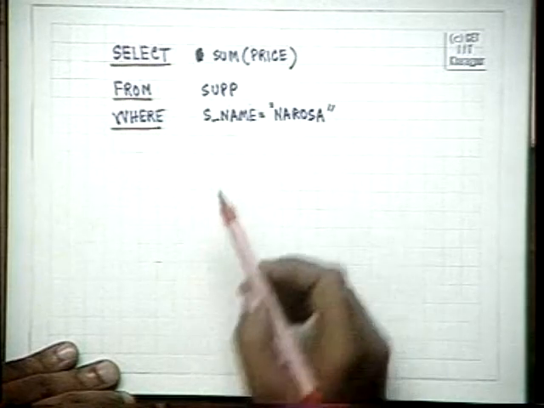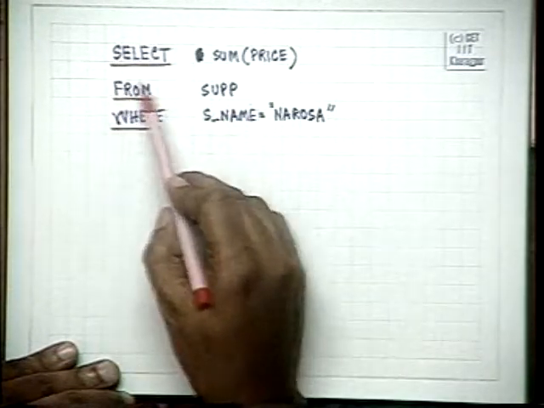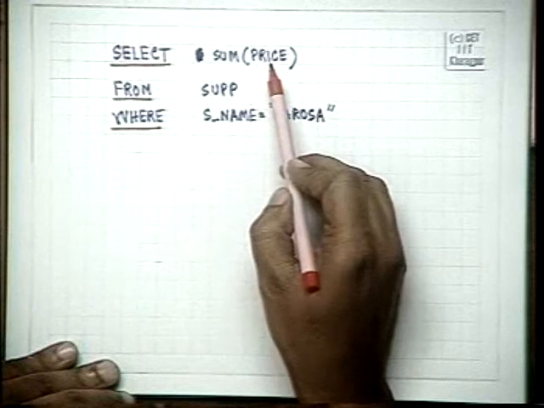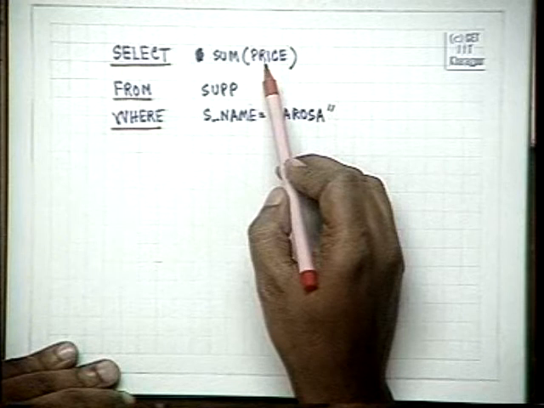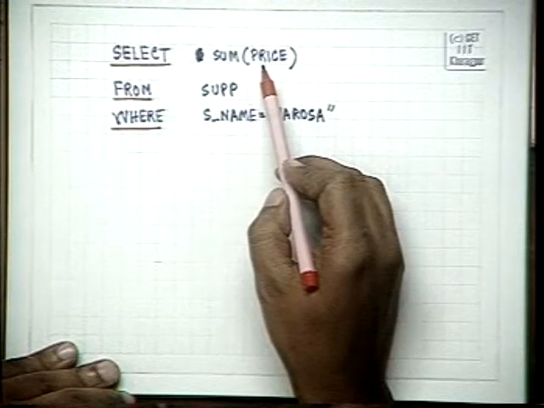This will give us a sum of all the prices of the resultant relation. You don't have to group by, because there is only one answer to this. This is going to give you only one answer.